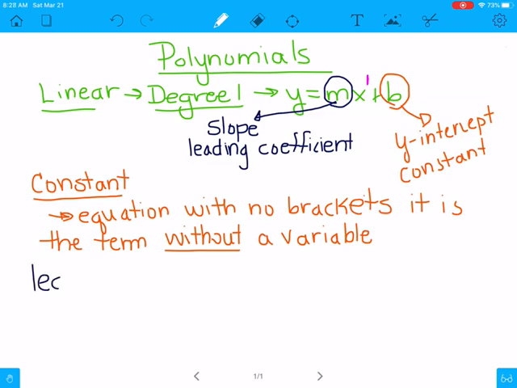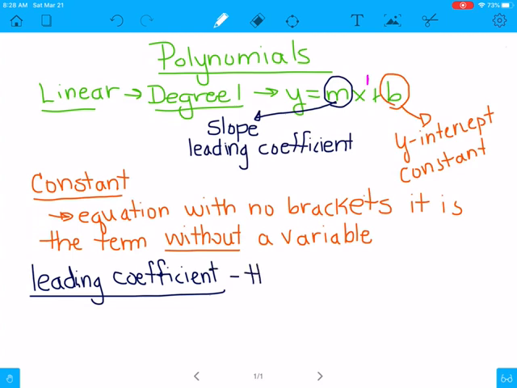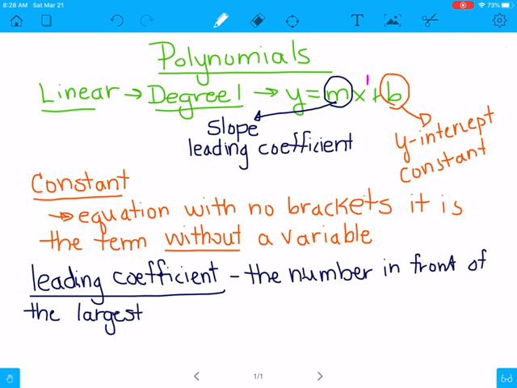So we're going to write that, leading coefficient. The number in front of the largest exponent.